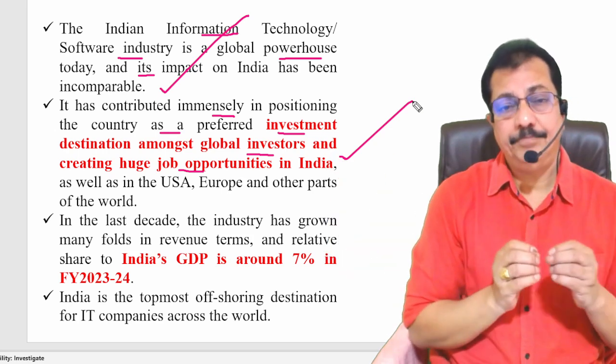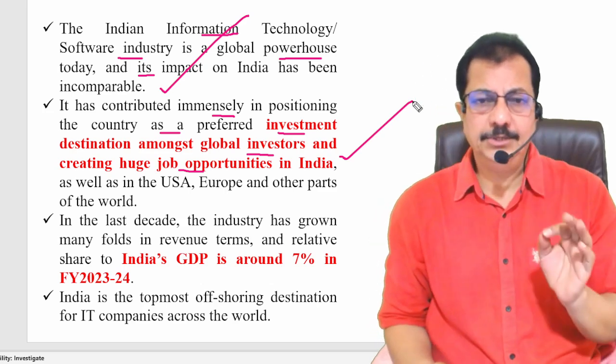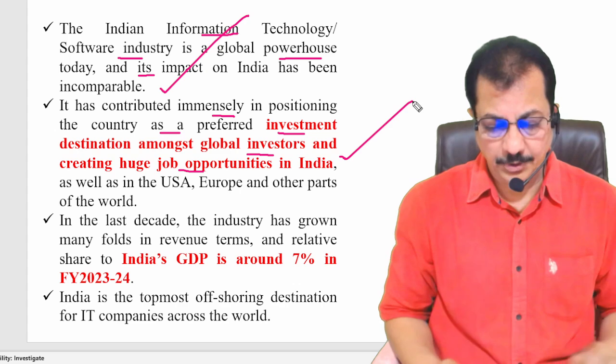That is the reason why India, along with certain developed countries, is surging beyond with respect to information technology.